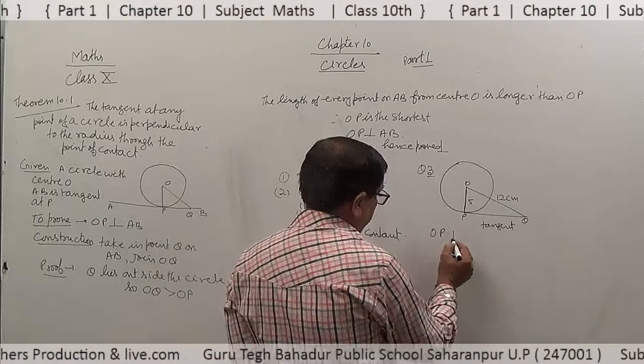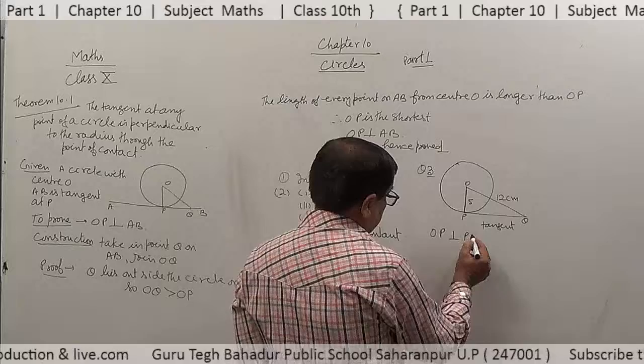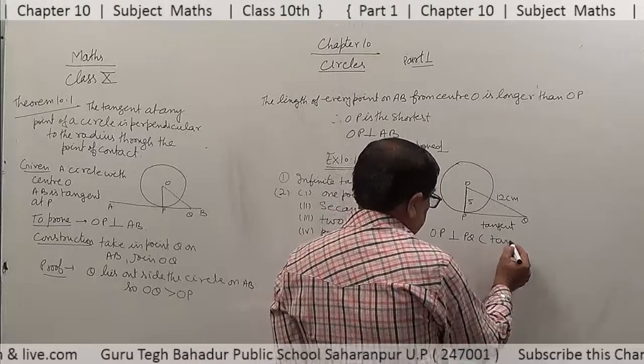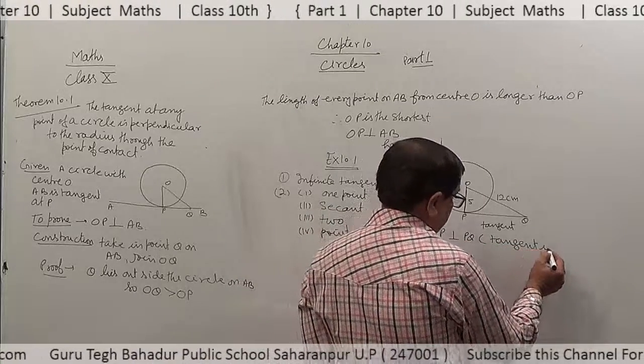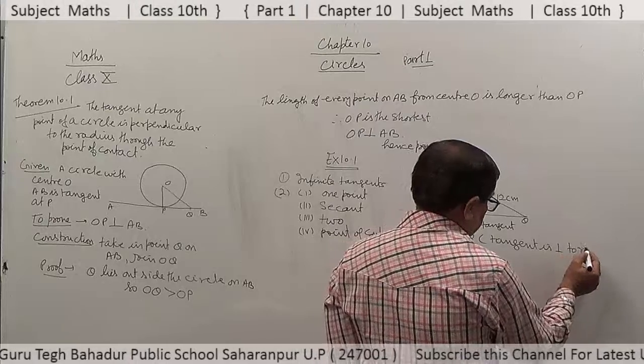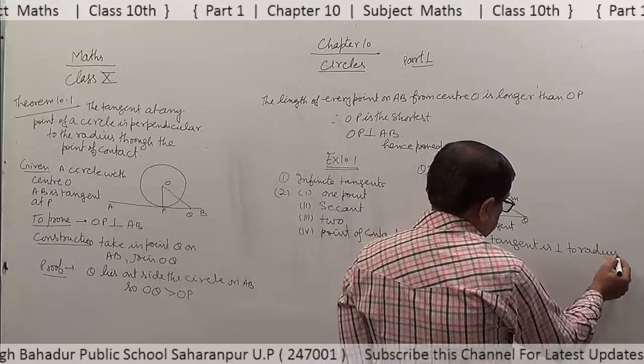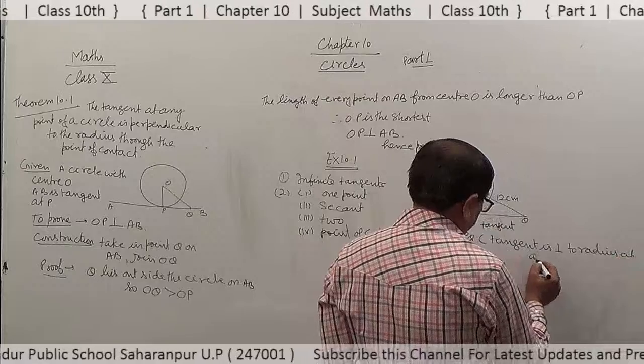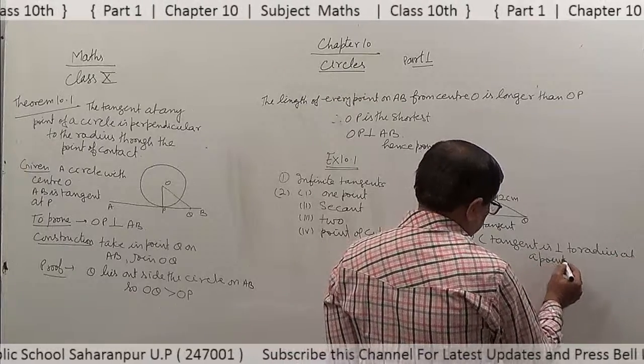OP is perpendicular to PQ because a tangent is perpendicular to the radius at the point of contact.